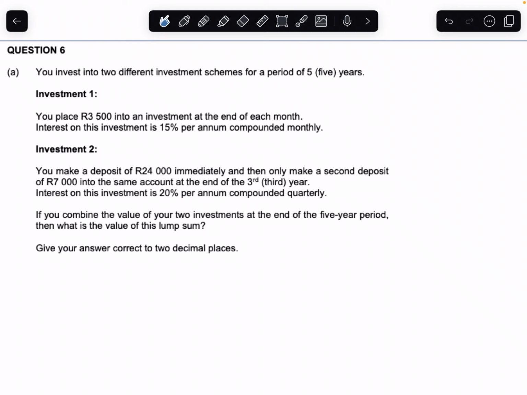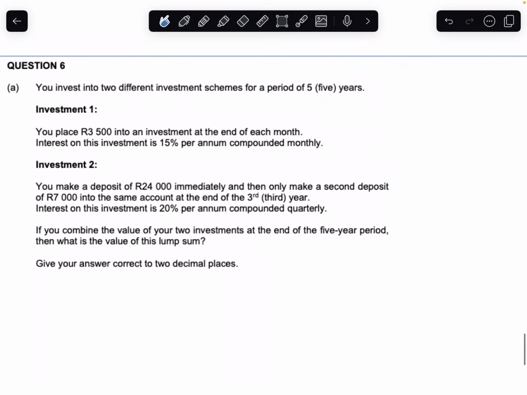Investment 2, you make a deposit of 24,000 Rand immediately and then only make a second deposit of 7,000 Rand into the same account at the end of the 3rd year. Interest on this investment is 20% per annum compounded quarterly. If you combine the value of your 2 investments at the end of the 5-year period, what is the value of this lump sum? Give your answer correct to 2 decimal places.